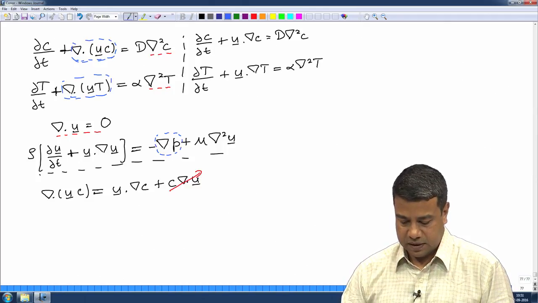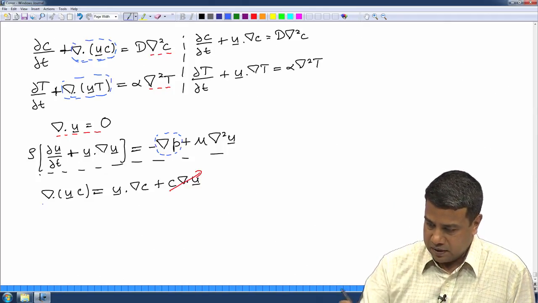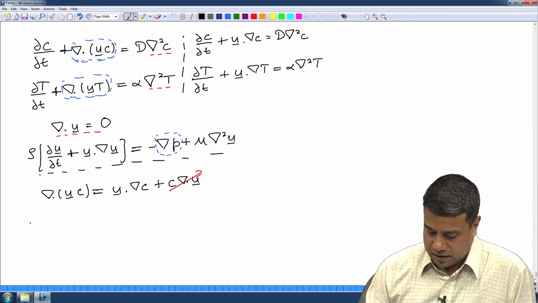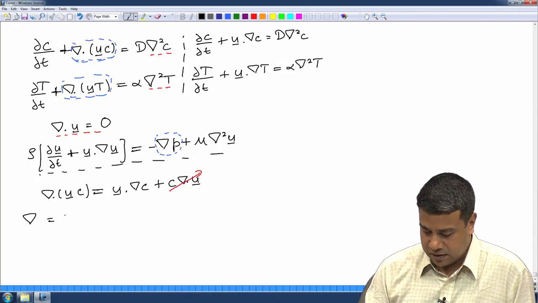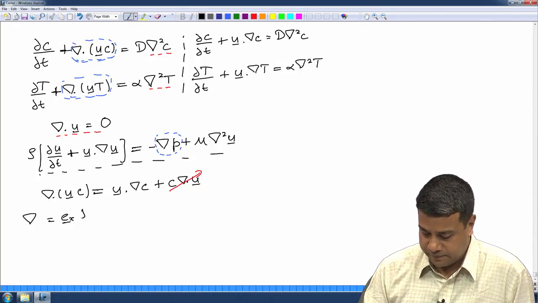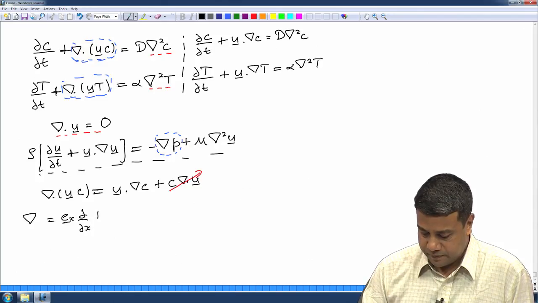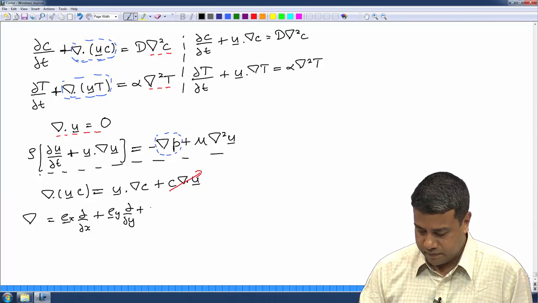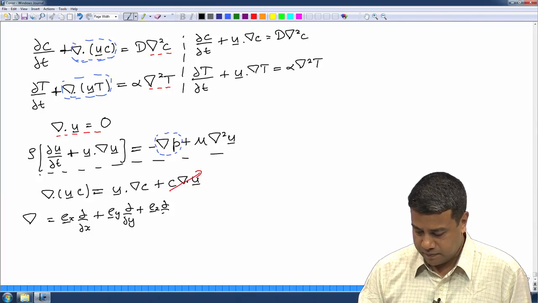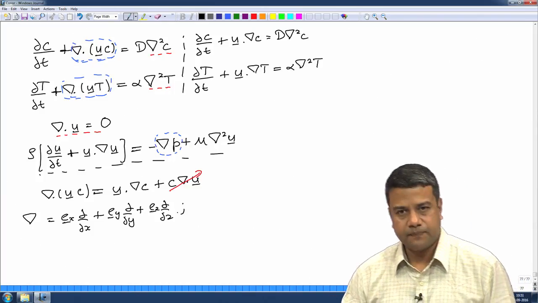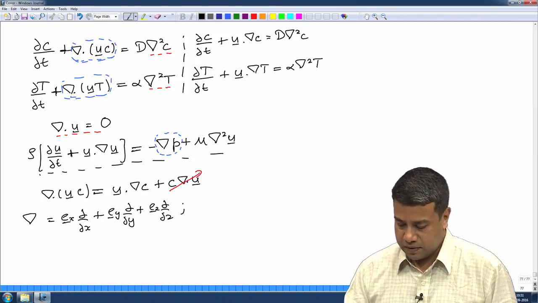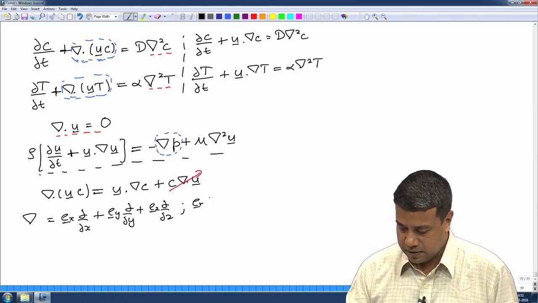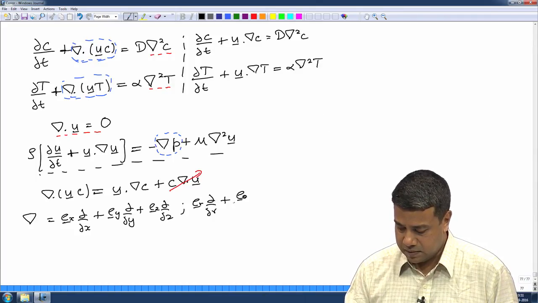And I defined for you in Cartesian and in spherical coordinate system, or in a spherical coordinate system, it is er d by dr plus e theta by r.